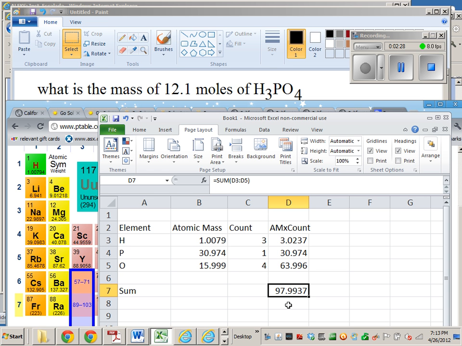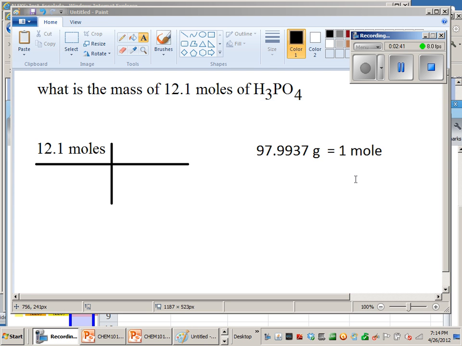Now, if that's grams per mole, I can use that formula mass as a conversion factor to convert this number of moles to grams. We just calculated that 1 mole of phosphoric acid equals 97.9937 grams.